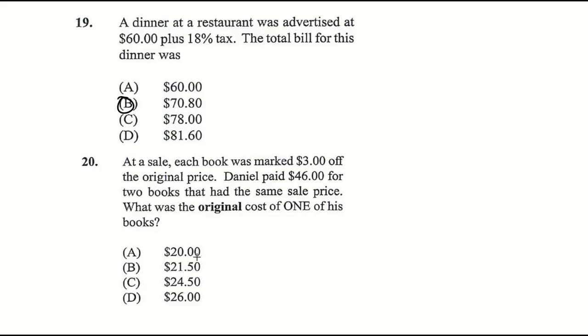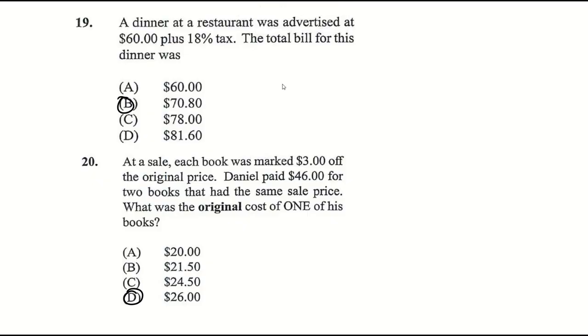Right, this one is our next repeated question. We know that one book was $23. That was before discount, and after, no, sorry, that was after discount. $23 was after discount. So before your discount would have been D, $26. And that is how you would do this question.